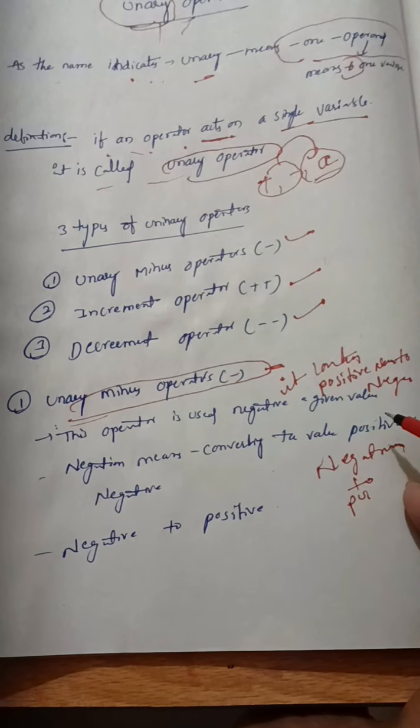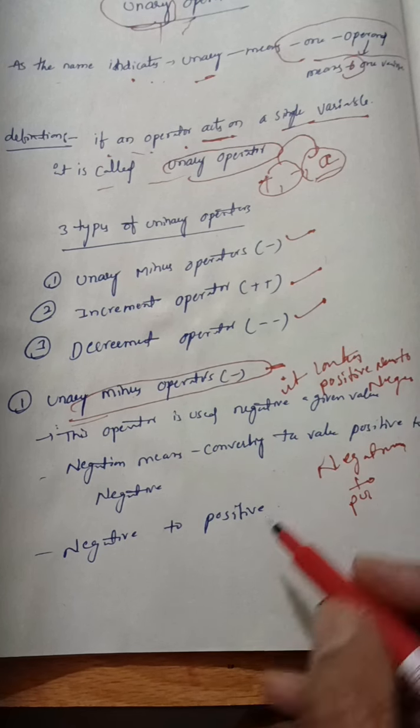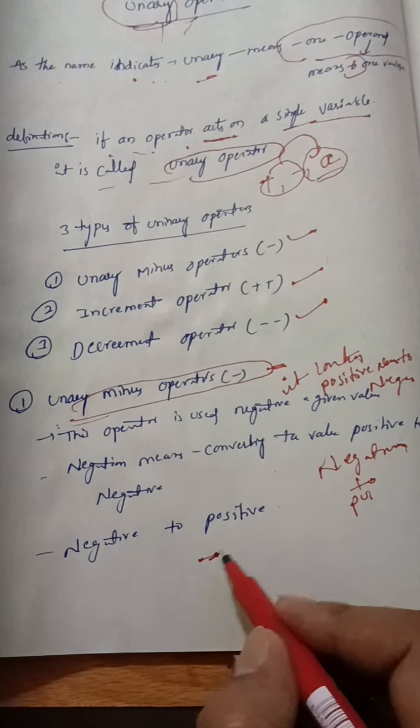This is the unary minus operator. It converts positive numbers to negative and negative to positive, using the symbol minus.